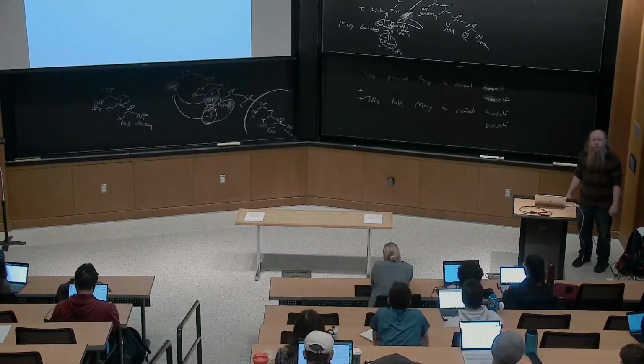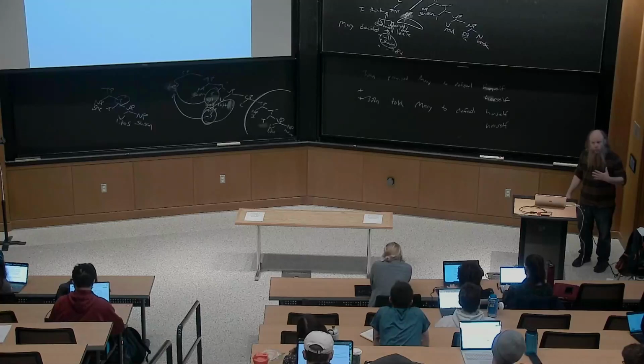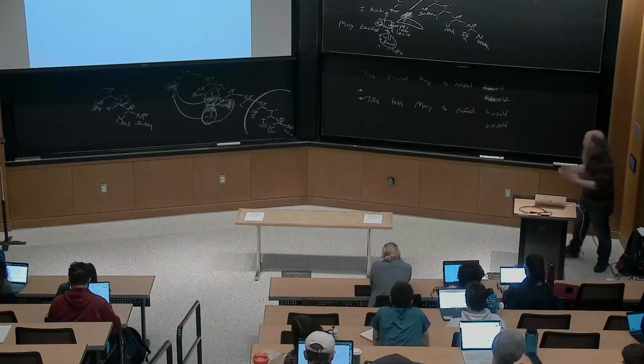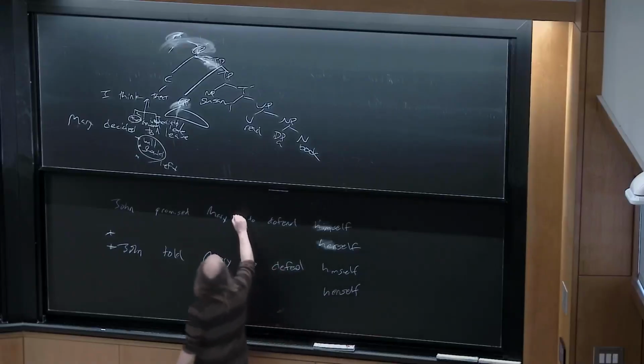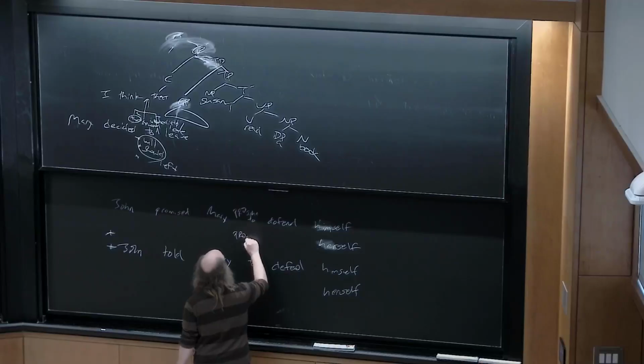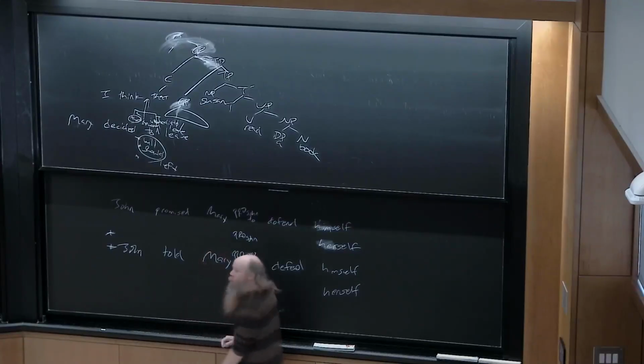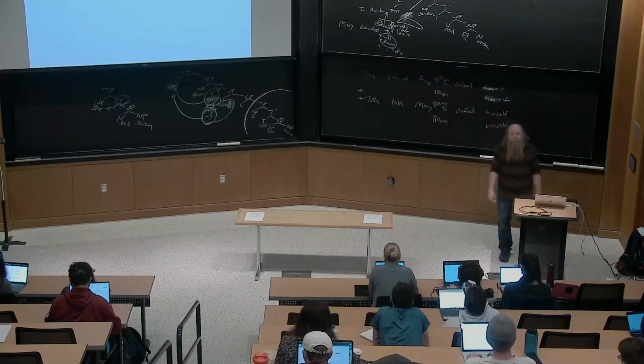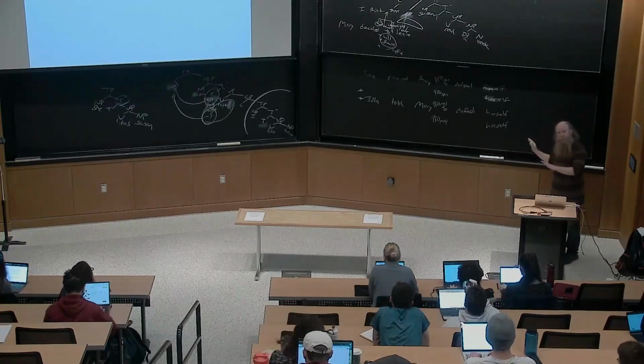So the understood subjects of these embedded clauses, the pro, if there's a pro, is going to refer to John when the first verb is promised, but it's going to refer to Mary when the first verb is told.